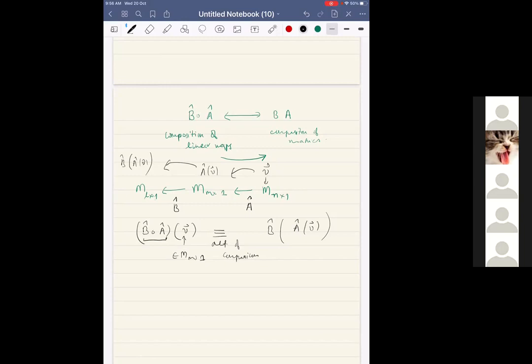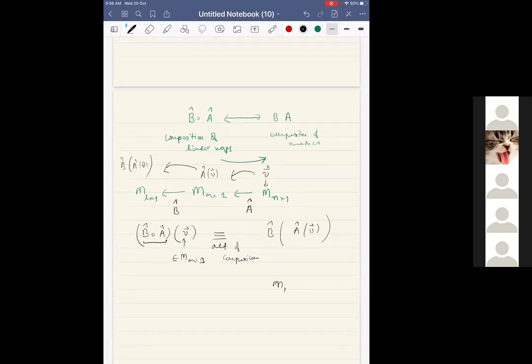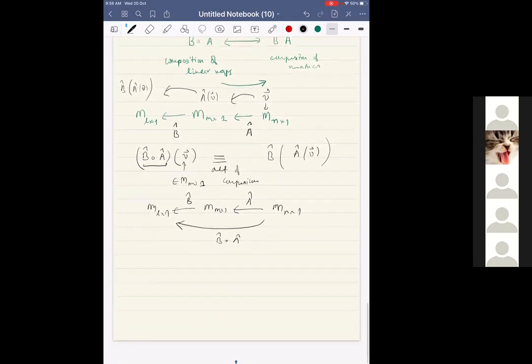And composition of linear maps is linear. So I get a linear map from n cross 1 to L cross 1, A hat followed by B hat, that gives you B hat A hat from here to here. That's a composition.